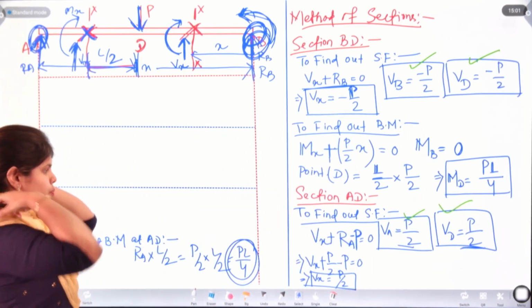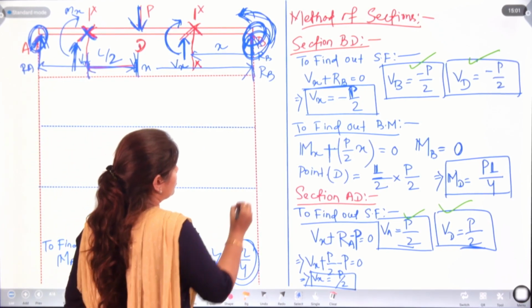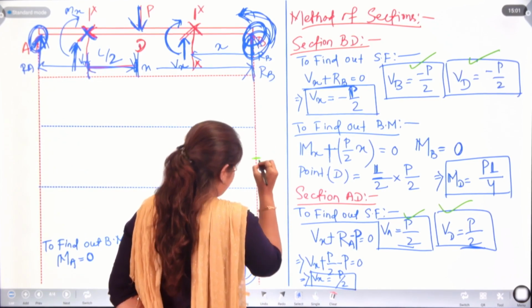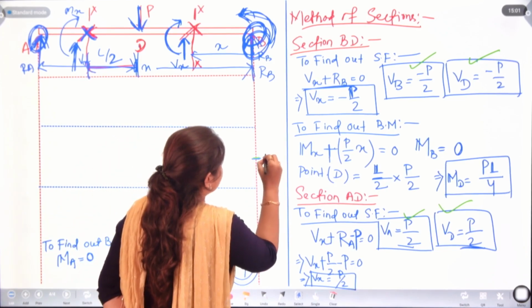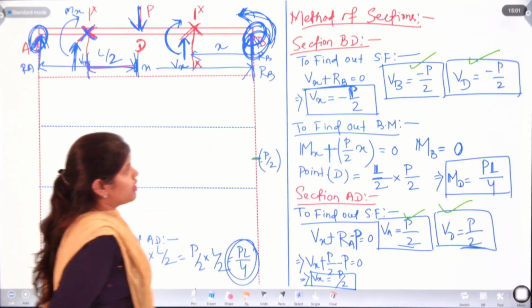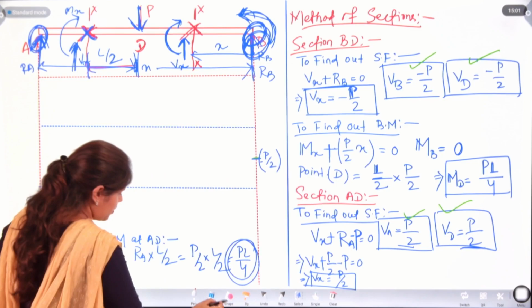Let's just point out those. VB is minus P by 2. So, at point B, here we are having P by 2, that is minus, and VD, that is also minus P by 2.